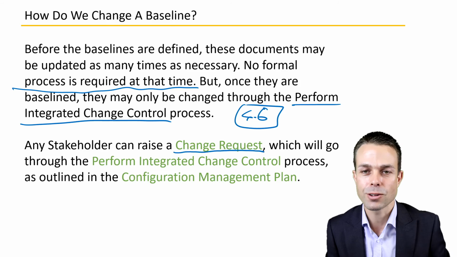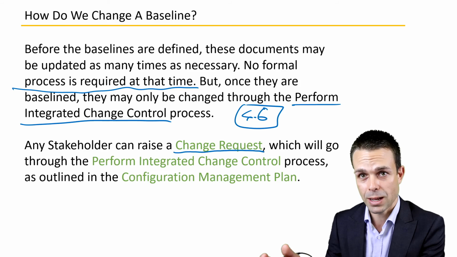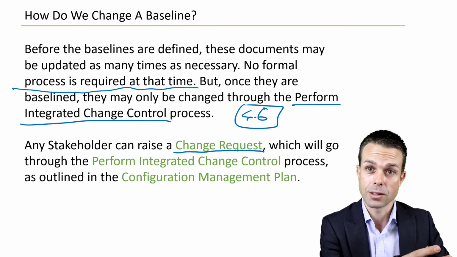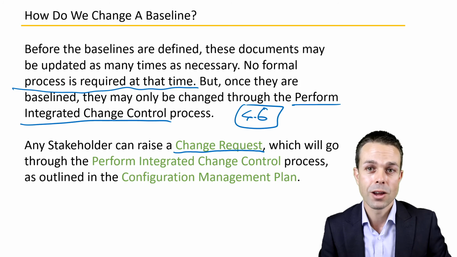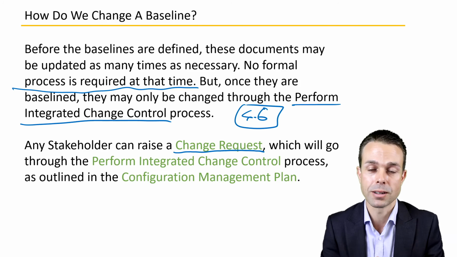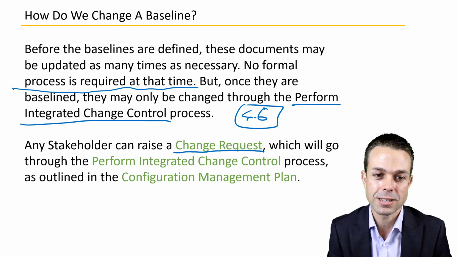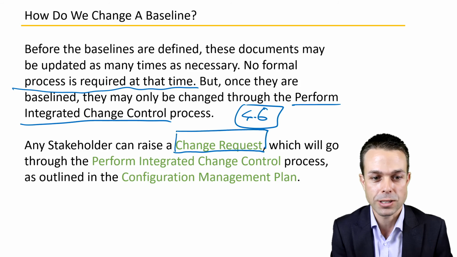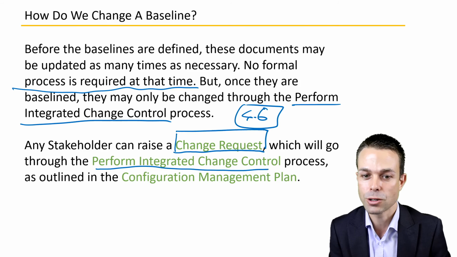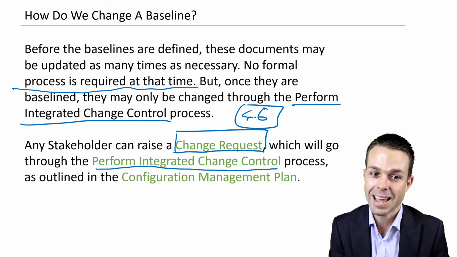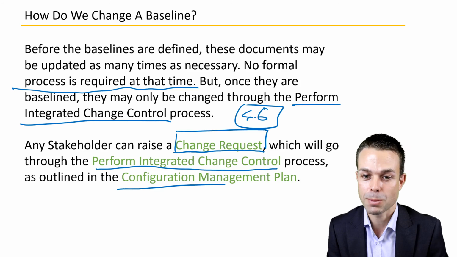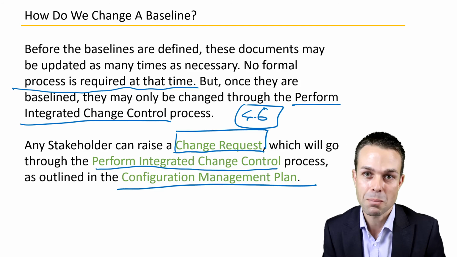So anyone related to your project, whether it's someone impacted by the project, whether it's the sponsor who's sponsoring the project, whether it's the people doing the work packages in the team of the project, they can raise a change request for that to be looked at, which will go through the associated Perform Integrated Change Control process. And that's outlined usually in your project management plan as the configuration management plan.